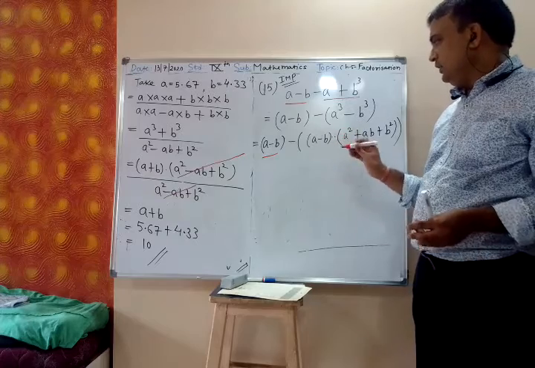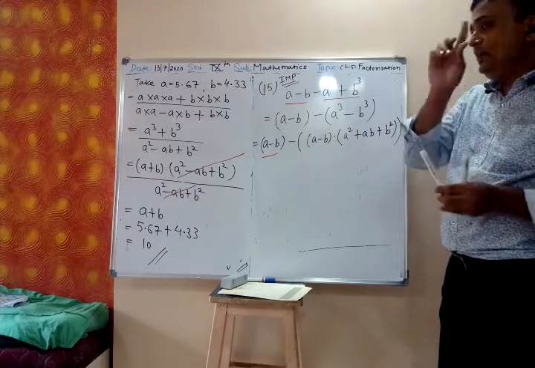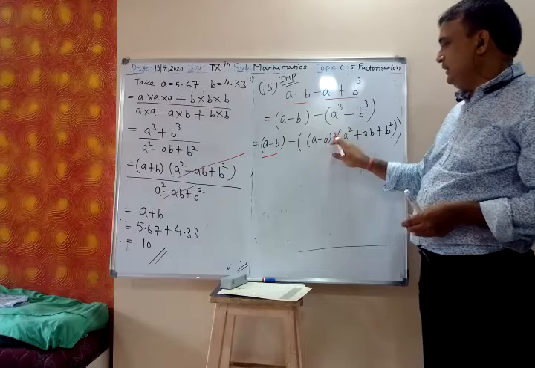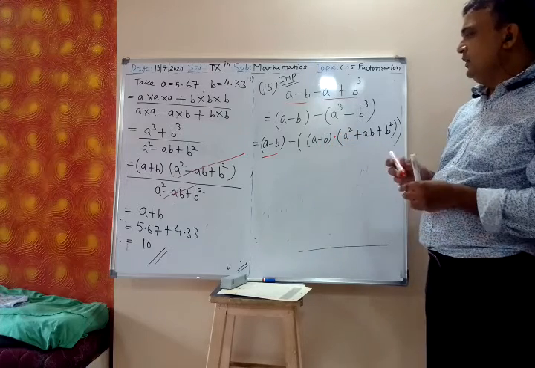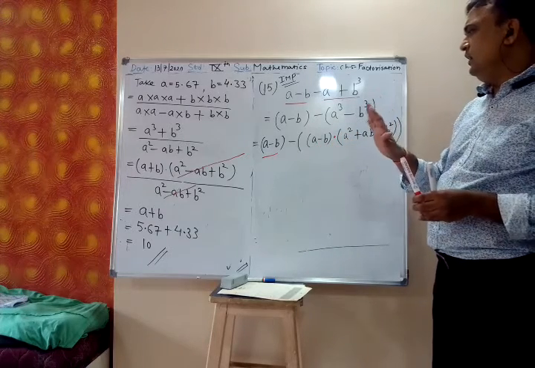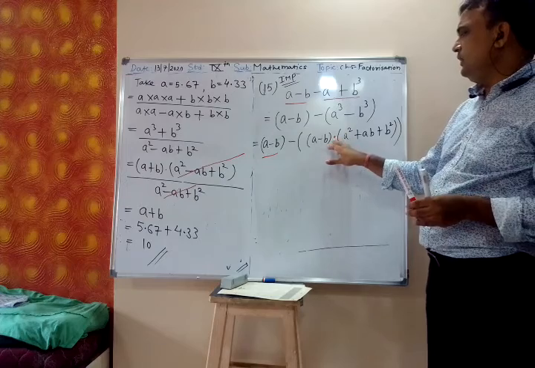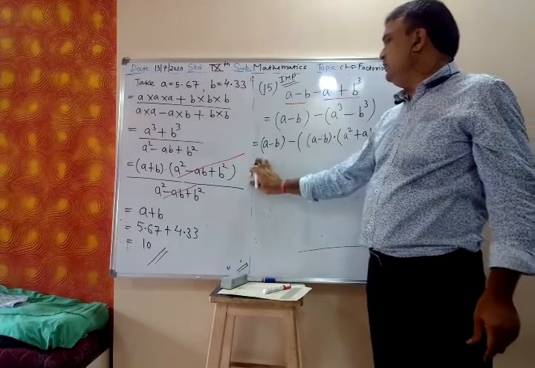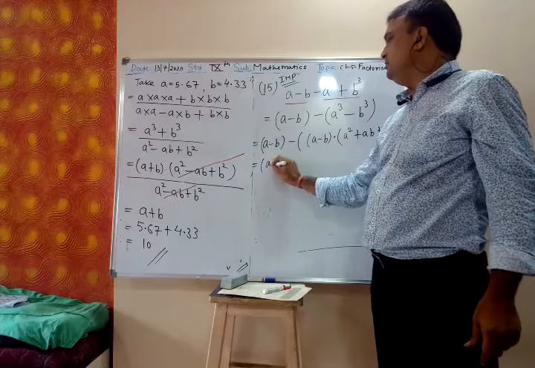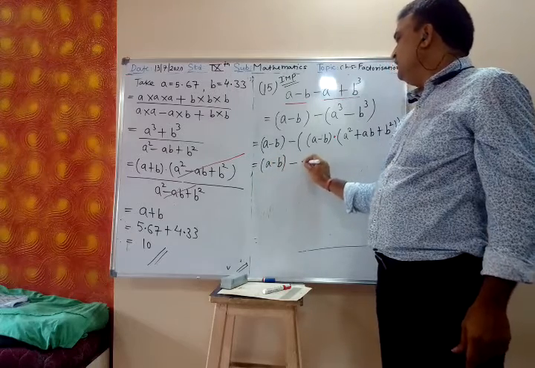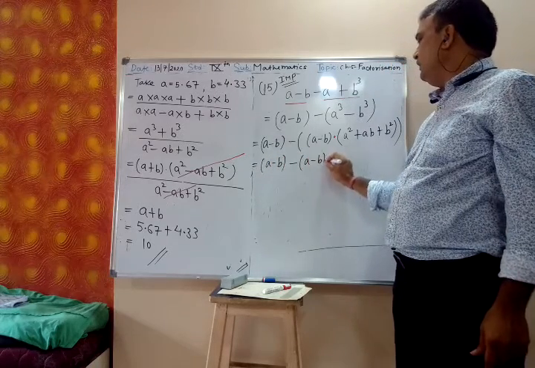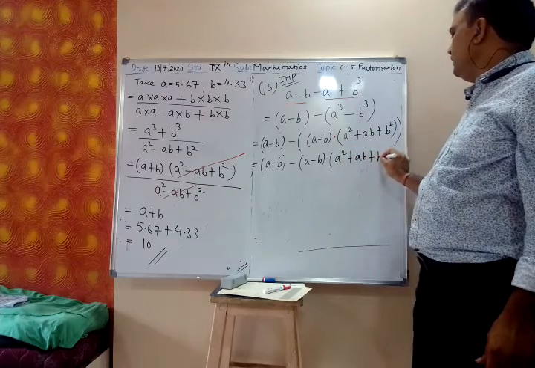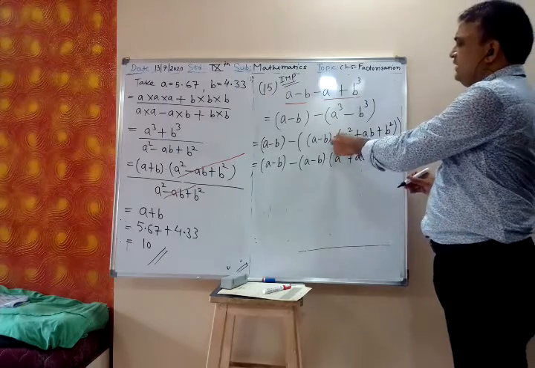We can take common because there is a multiplication sign. So let me write: A minus B minus A minus B into A square plus AB plus B square. This is a multiplication sign.